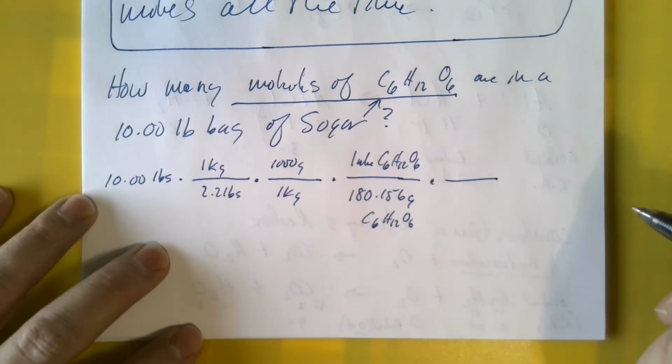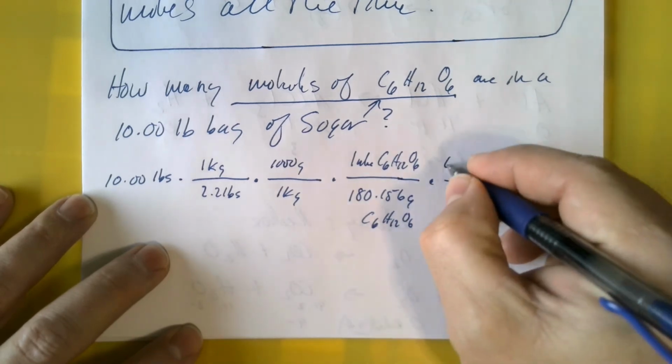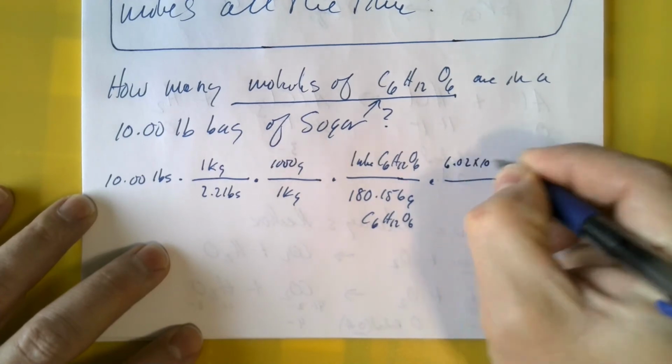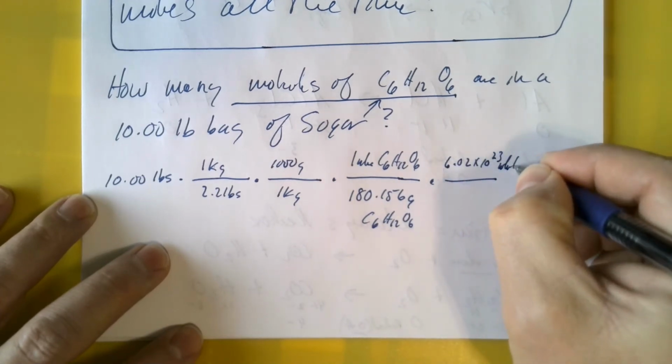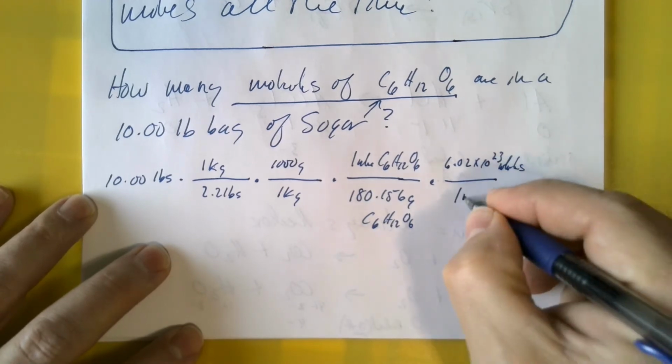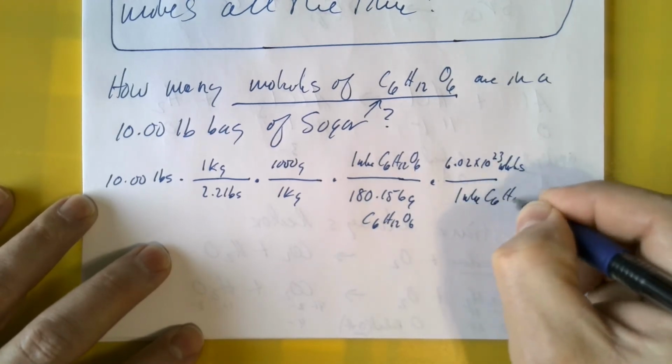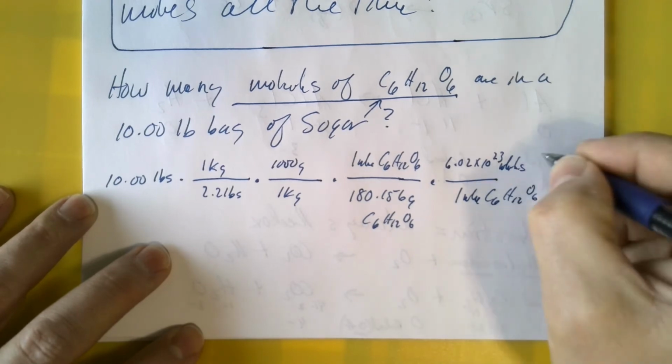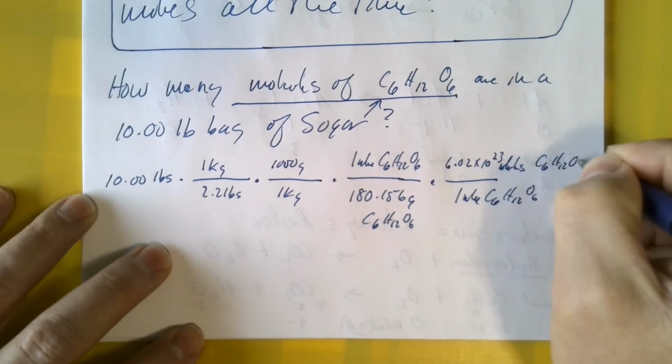Celeste, you got an idea? No. Hannah? Richard, you got it? Is it the Avogadro's number? Avogadro's number, yeah. So I'm going to go 6.02 times 10 to the 23rd molecules for every 1 mole of C6H12O6. And that is molecules of C6H12O6.